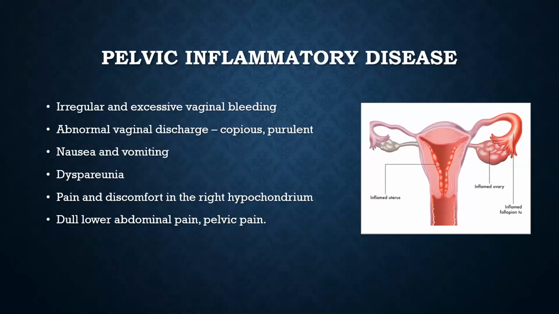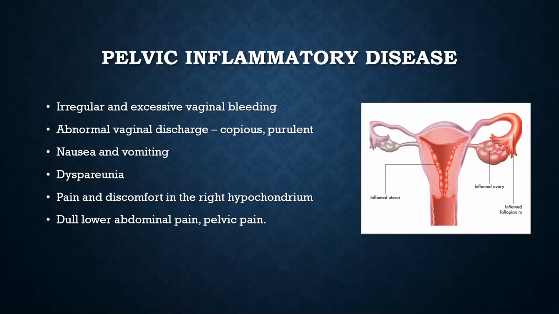The first one we're going to deal with is pelvic inflammatory disease. Remember, whether it be primary infertility or secondary infertility, pelvic inflammatory disease has an incidence of around 3.1 to 16.7 percent in infertility. Reproductive tract infections are the main cause of fallopian tube adhesions.